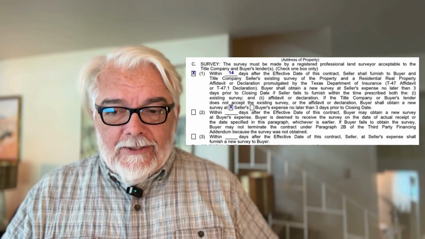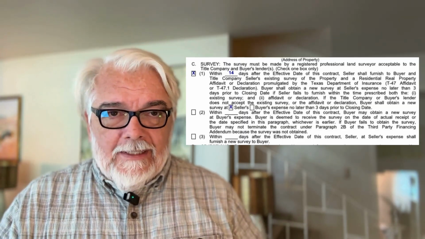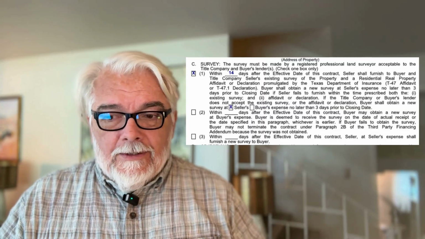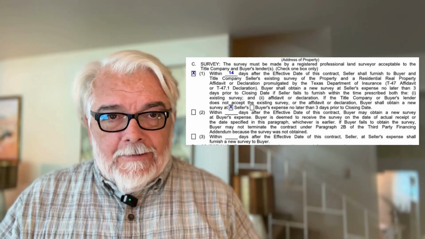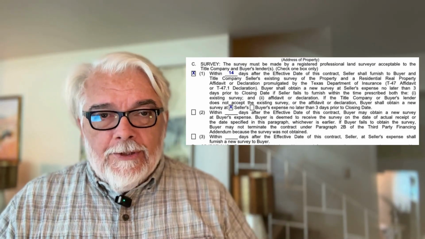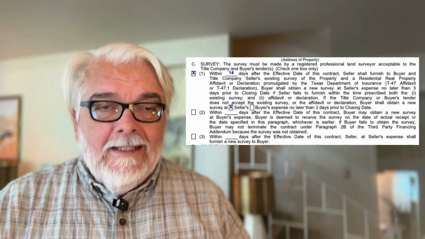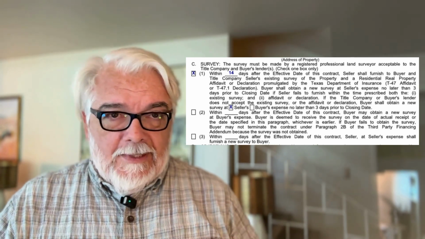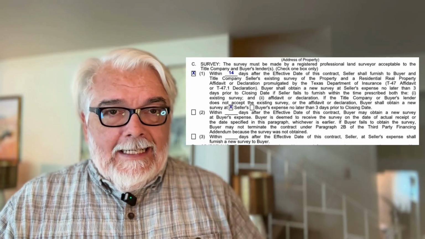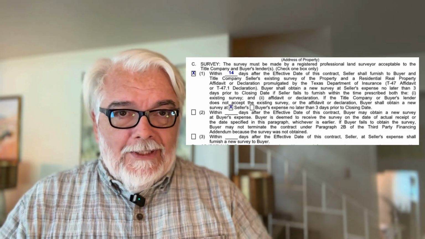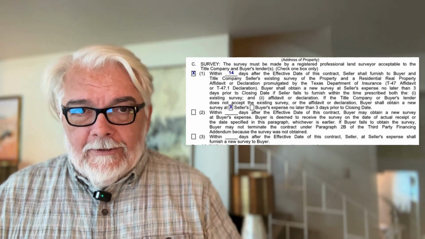And as we can see under 6C1, it gives an option for the buyer and seller to negotiate if there's going to be a using of the old survey from when the seller purchased the property. When the seller purchased the property, he either received an existing survey using this paragraph with his contract, or a new one was done, and the seller now currently has that survey and is going to try to reuse that survey.